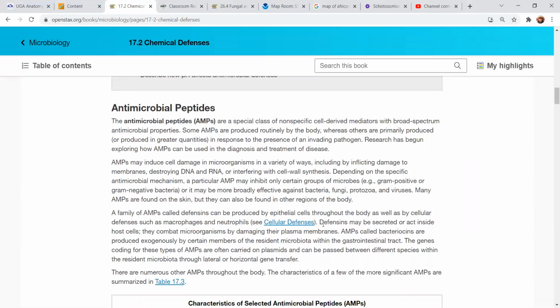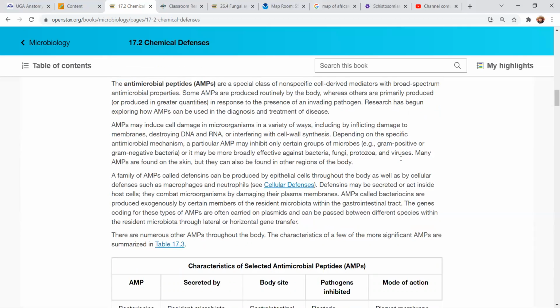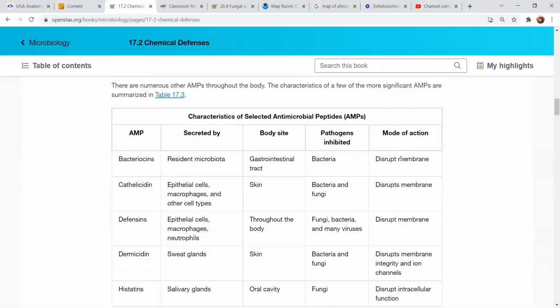Then we have a special group of cell-derived mediators called AMPs, or antimicrobial peptides. Some are produced routinely, so some are always produced, and some are produced in greater quantities in response to a pathogen. They can do different things.